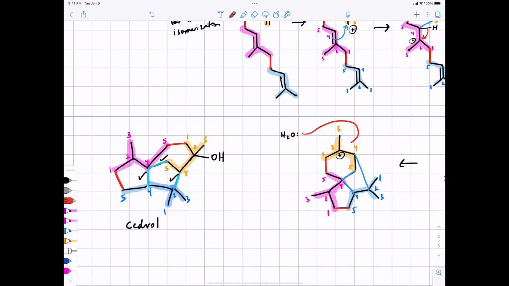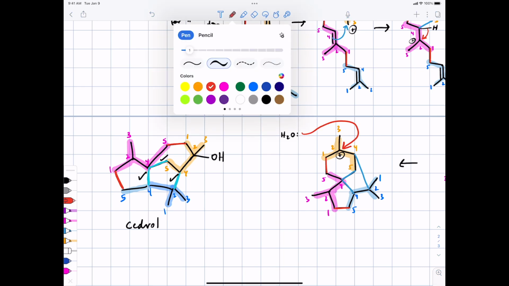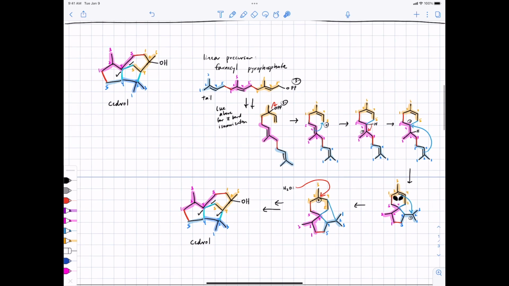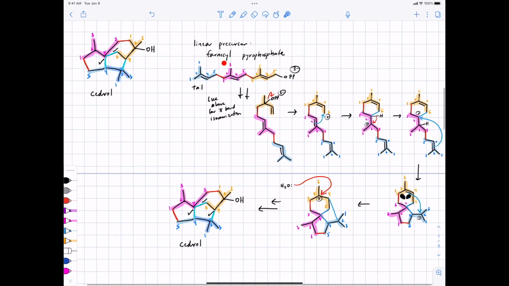Water attacks carbocation. And then you'd need to deprotonate the resulting oxonium ion to get the alcohol in the right place. The point, my friends, is that all of the connectivity here, and even the fact that the OH group ends up on that particular carbon, all of that's embedded in the structure of the starting material.